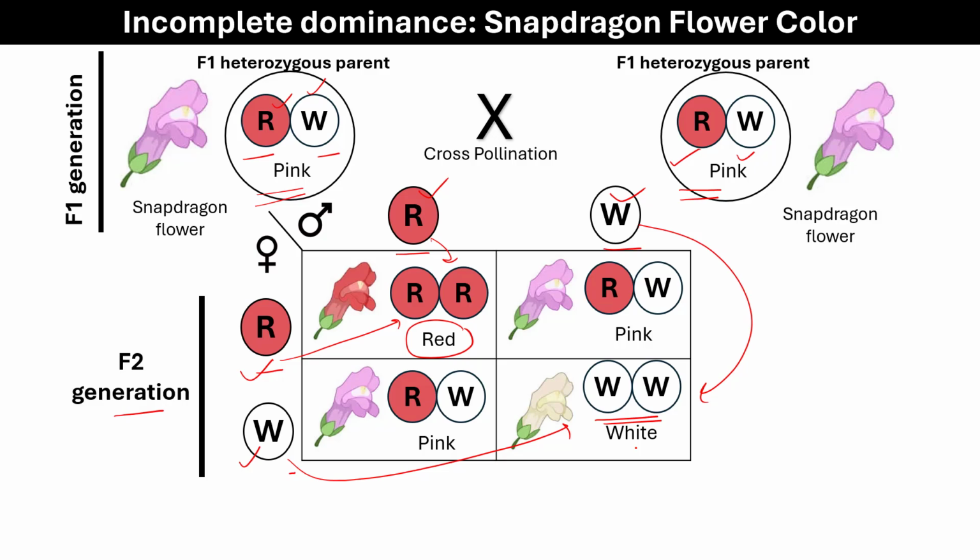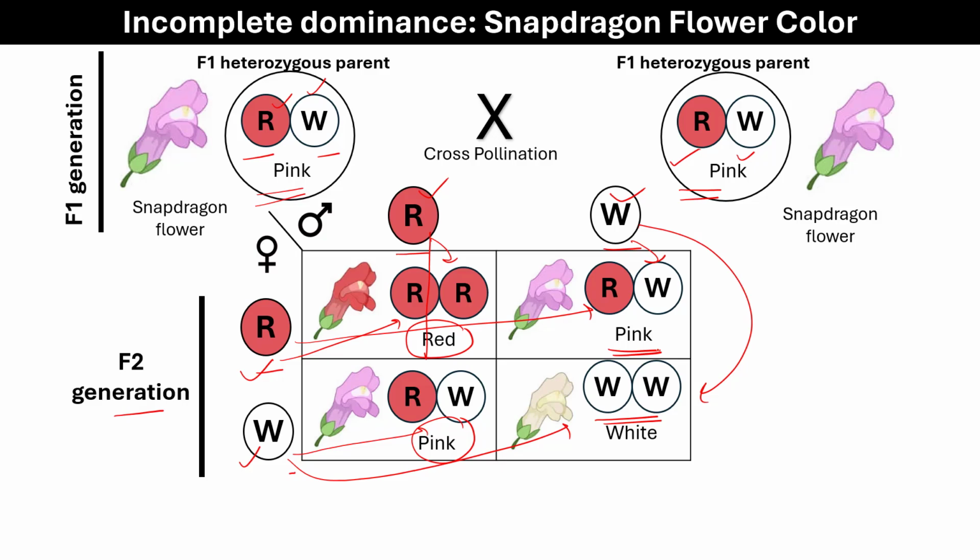That's clear. But when you have one red and one white, you get a blend of characters which is pink, and here also you have one red and one white, you have a blend of character which is pink.